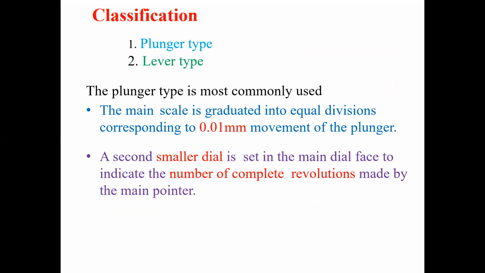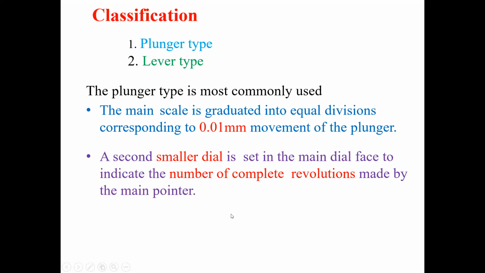Coming to classification of dial indicators, there are two basic types: plunger type and lever type. The plunger type is most commonly used because of its compact design and ease of measurement. The main scale is graduated into equal divisions corresponding to 0.01 mm movement of the plunger.